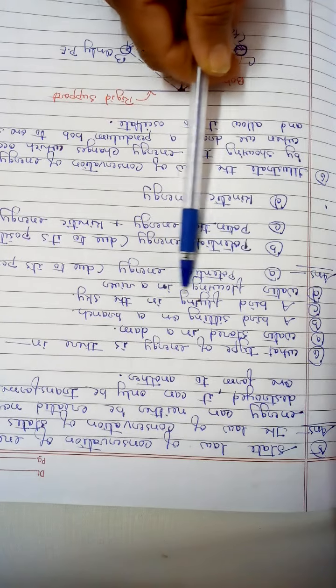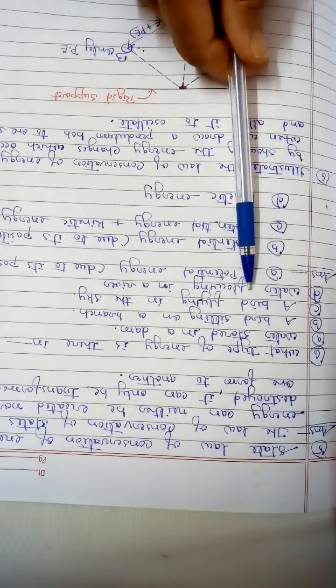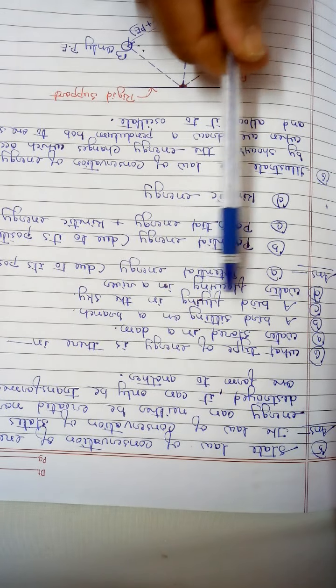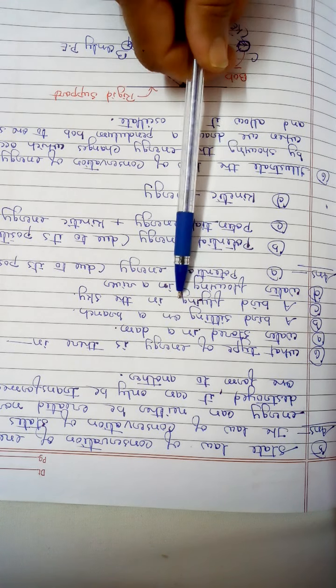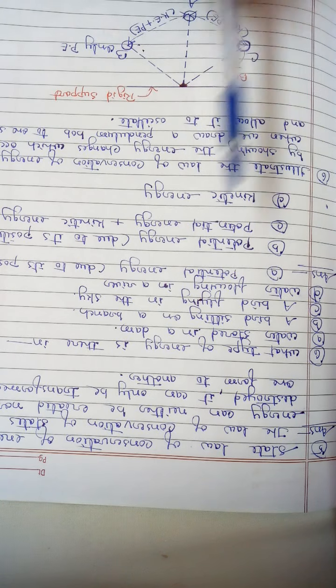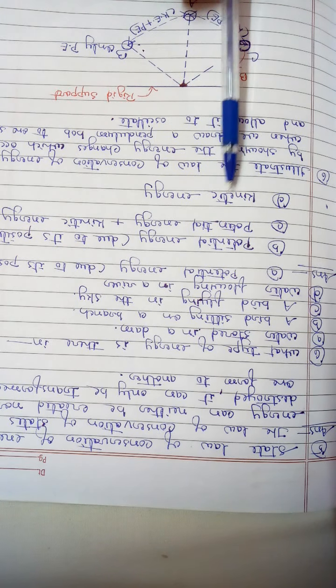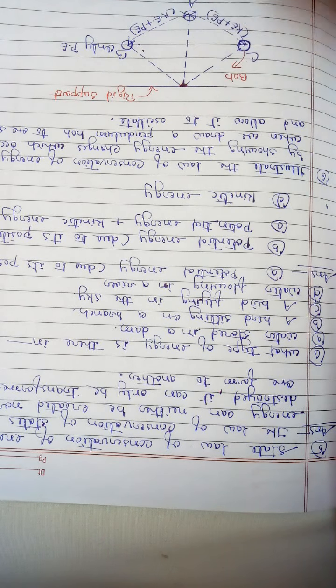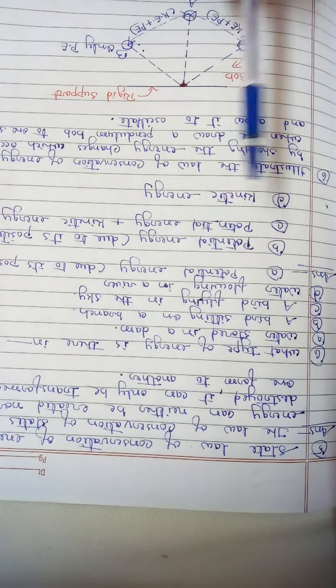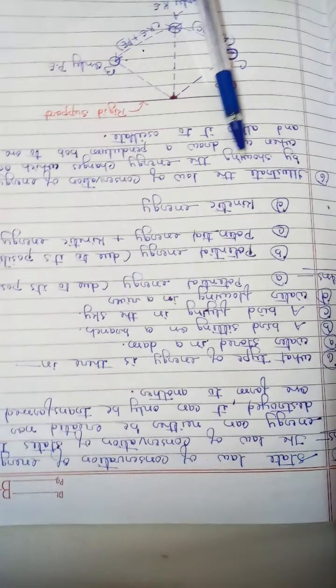Now comes a bird flying in the sky. The bird is flying, that means it is in motion, so it will have kinetic energy, and at the same time it is also at a position in the sky, so it will also have potential energy. Water flowing in a river, because of the motion of the water, that water will have kinetic energy.